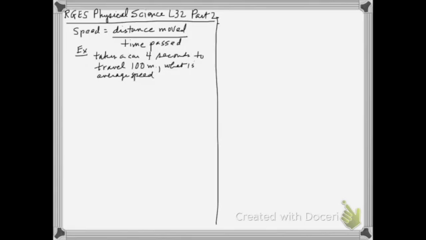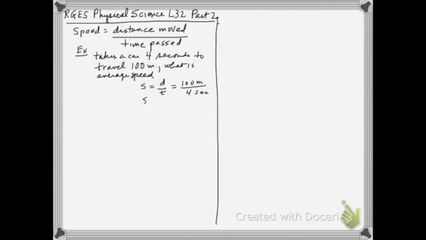Okay, so we want to use our equation. We say speed is the distance divided by the time. So we would say the distance it's going is 100 meters, and it does it in 4 seconds.